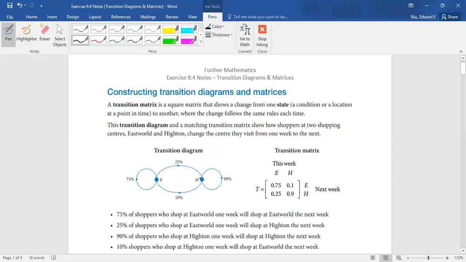For Highton, 90% of the shoppers from this week will stay and shop at Highton the next week, and 10% will go to Eastworld Shopping Centre the next week.